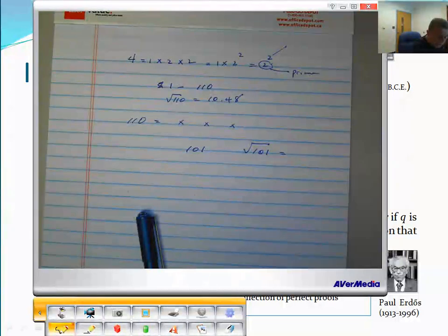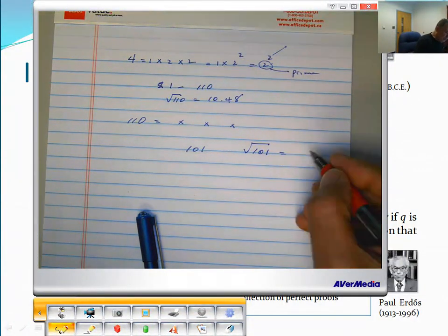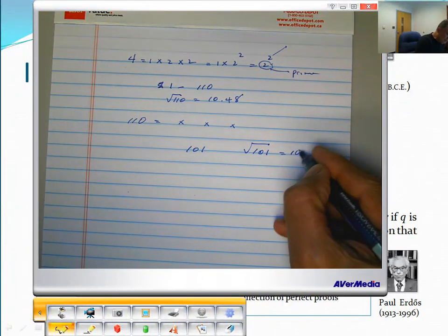Let's calculate that: the square root of 101 is equal to 10.04, almost.